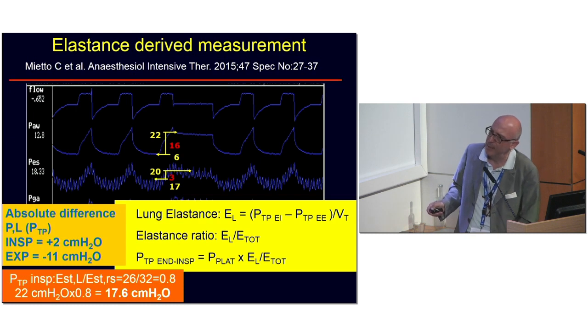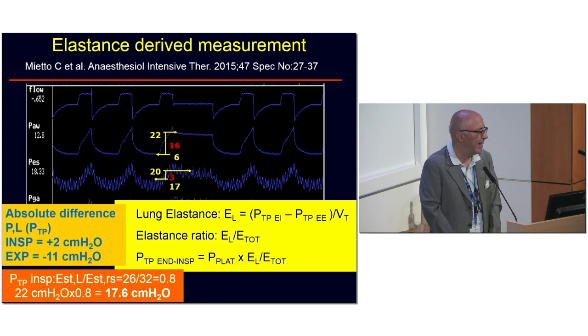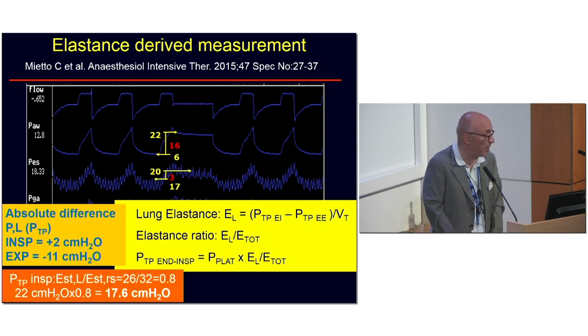If you do like this, I made the calculation: the elastance of the lung is 26, of the respiratory system is 32, so the ratio is 0.8. So you have 22 times 0.8, which means that with the elastance derived method, the transpulmonary pressure at end inspiration should be 17.6, which is completely different from the transpulmonary pressure measured by the absolute numbers.